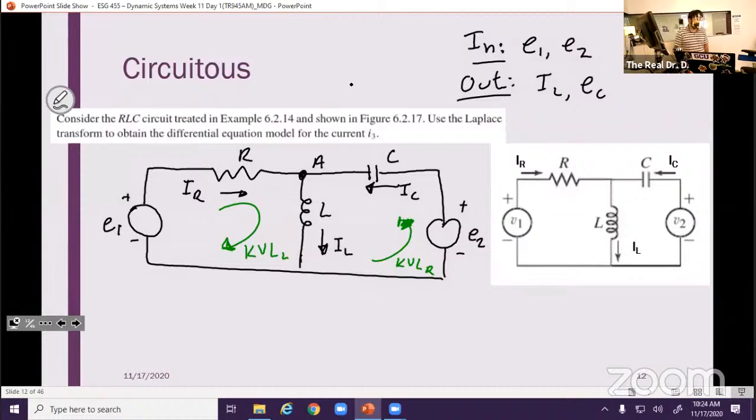Does it matter overall? No, it doesn't matter overall. You can do this using EL and IC if you want. It's just that that's not the method that we've been doing, so just use the method that we've been doing. So that's my inputs, my outputs, and my diagram. Pretty straightforward. And make sure that you're drawing an annotated diagram with all of the things that you need to solve the problem.